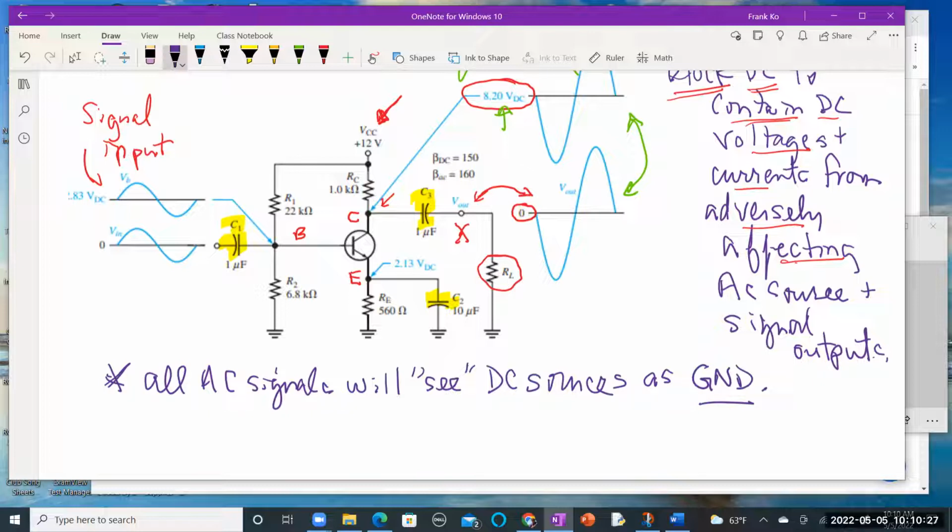And we'll hold that thought. We'll come back to it. It's something that's pretty important that will help you understand how these things amplify and how they will process signals, but they will see this as a ground.